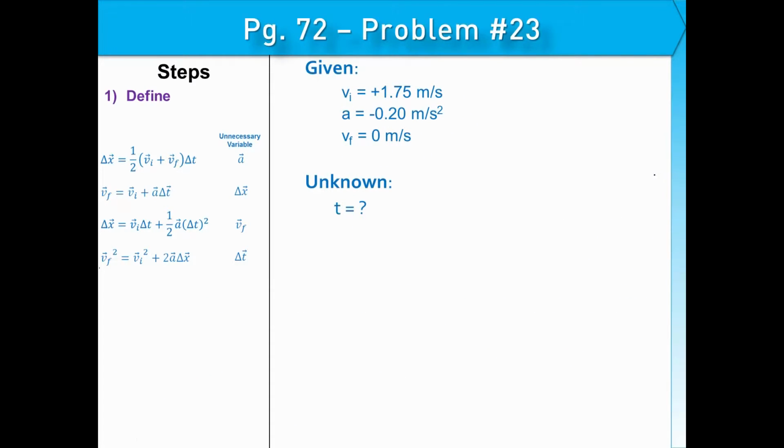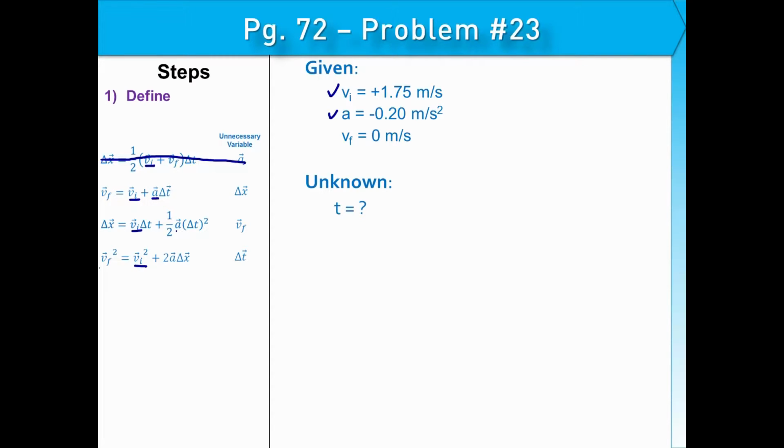So I'll decide which kinematic equation I need. Looking at my givens, I need initial velocity, but all the kinematic equations have initial velocity, so this doesn't help me. The second given is acceleration. I need acceleration in the equation, so I can eliminate this equation because acceleration does not appear anywhere.